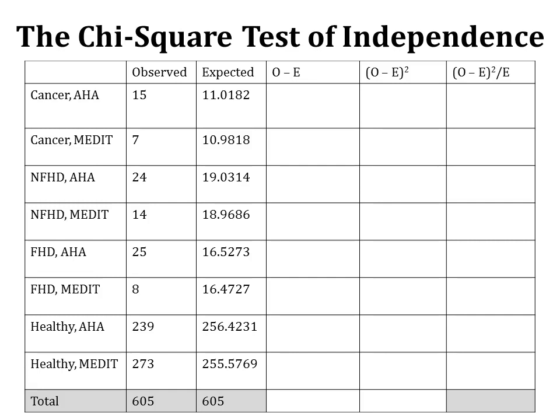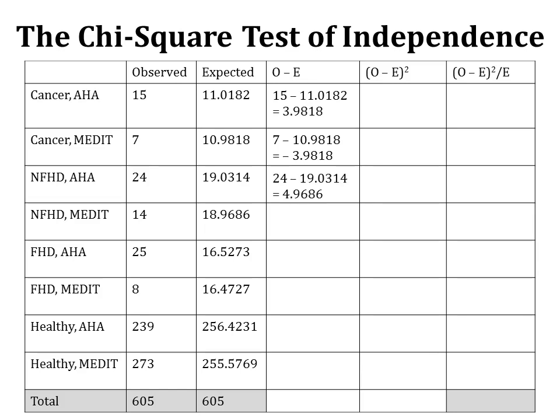So the first cell is Cancer AHA. The observed frequency is 15 and the expected frequency is 11.0182, and their difference is 3.9818. And the next cell is 7 minus 10.9818, which is the difference between the observed and expected frequency of cancer cases on Mediterranean diet, and the difference is minus 3.9818.